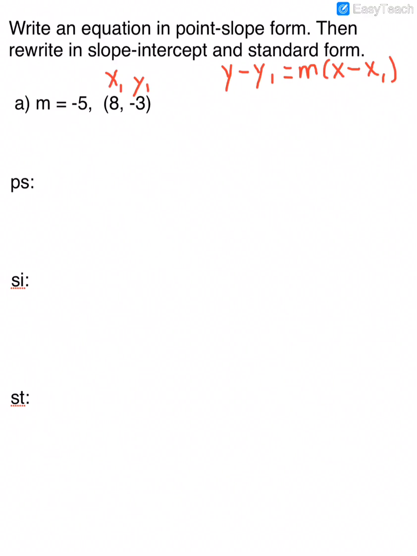Okay, so the y and the x that don't have the little ones beside them stay a y and an x. Okay, so I have y minus my y sub 1, which is negative 3, equals m, and my m is negative 5, times x, which just stays an x, minus x sub 1, which is 8.